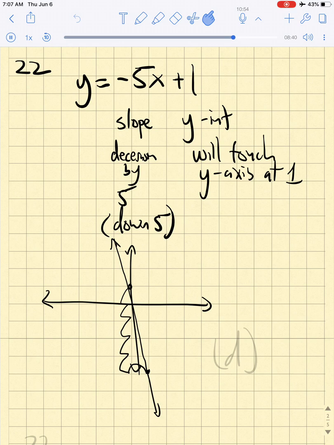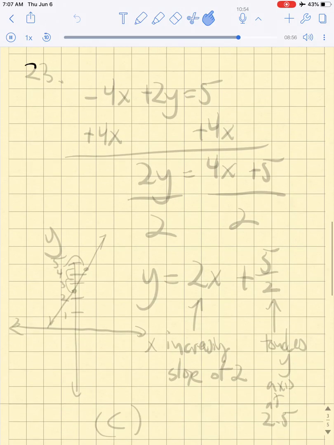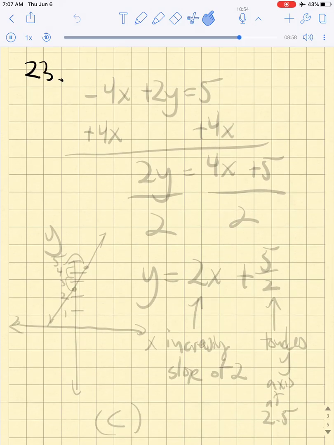C and D look identical. So I will make sure on the test it does not look identical. They look the same, but we'll go with D. All right, 23. Let's do 23 right quick.